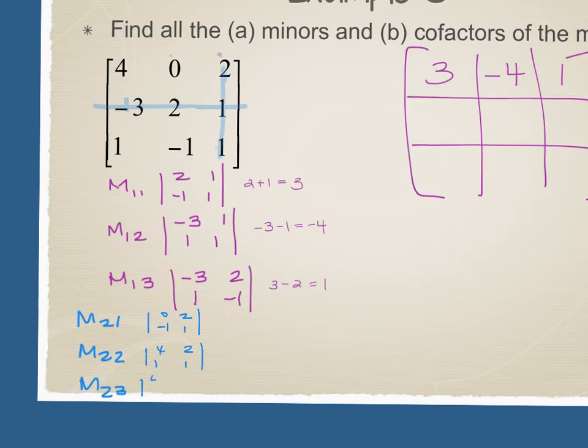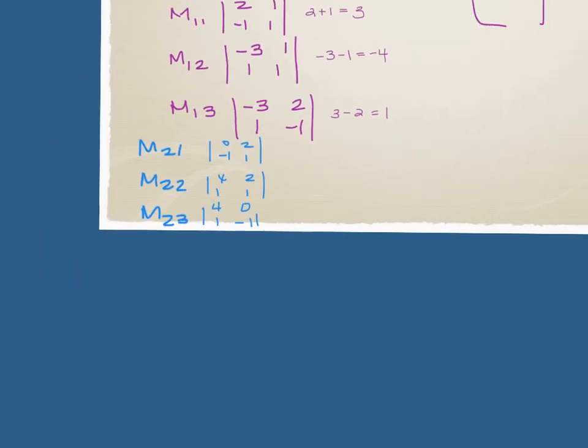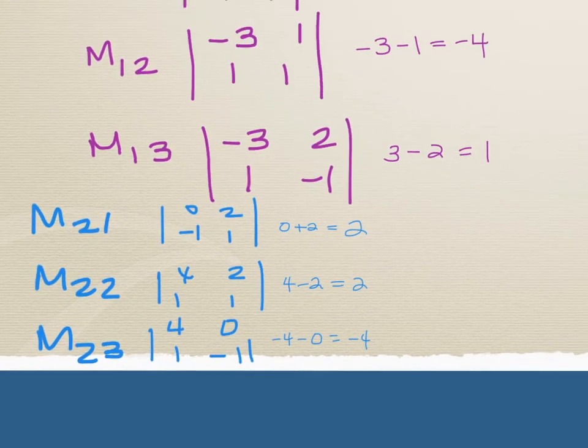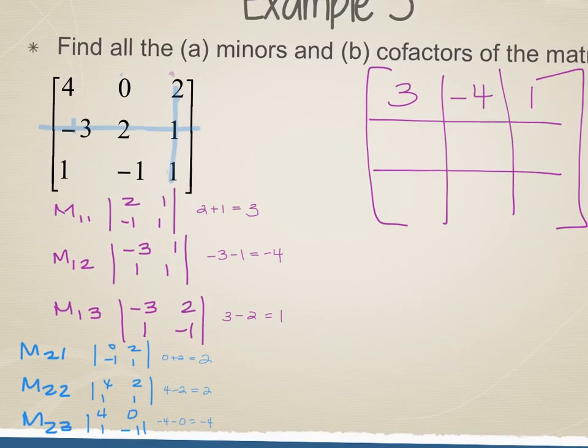And what's left is 4, 0, 1, negative 1. And then I find the determinant of each of those. So 0 minus a negative 2 becomes plus 2, or 2. 4 minus 2 is 2. Negative 4 minus 0 is negative 4. And that fills row 2.